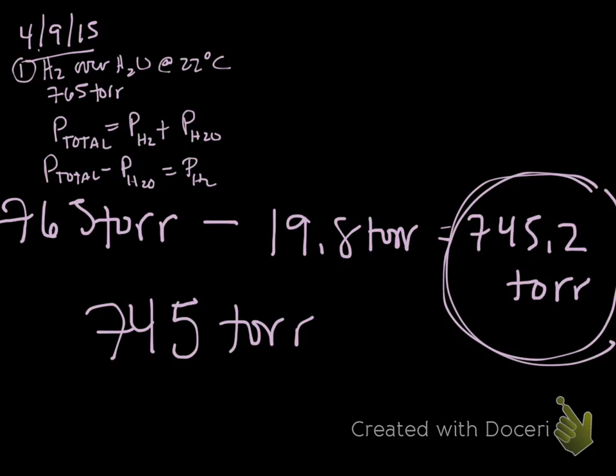Oh wait, no, you know what? Never mind. Either way, cut and dry, 745. I was thinking for a second. Because in addition and subtraction, the rule is what? Least places behind the decimal, so that would still be this. So you'd still have 745. And if we go with the 3 sig figs, then it's 745.